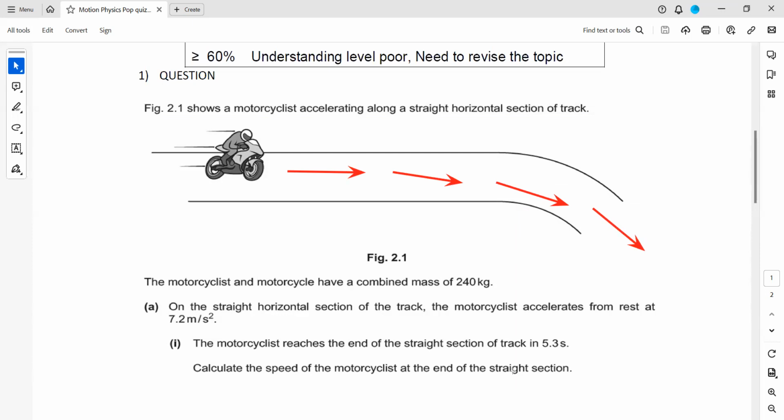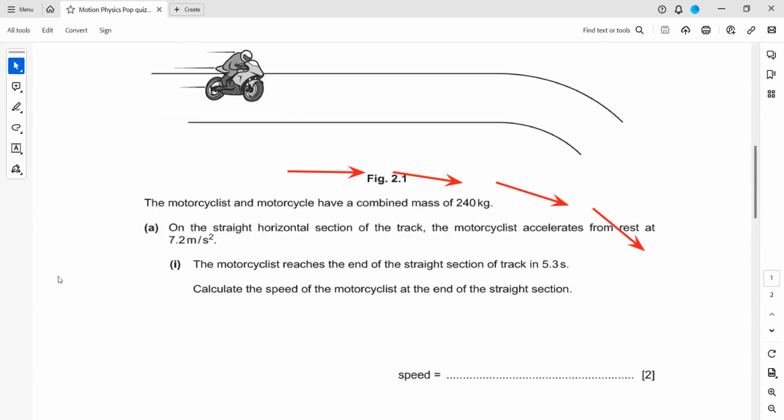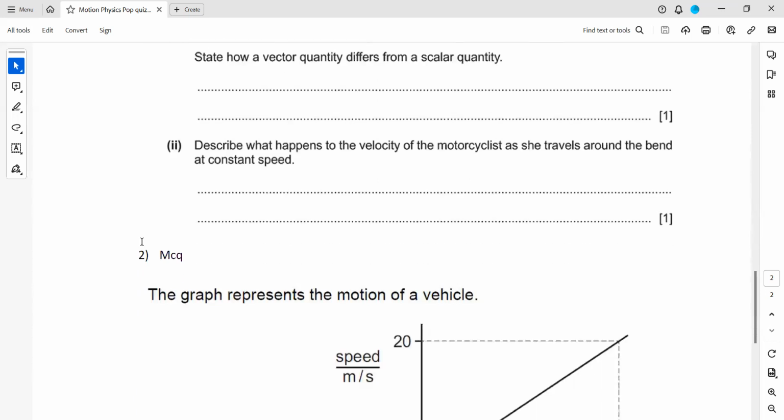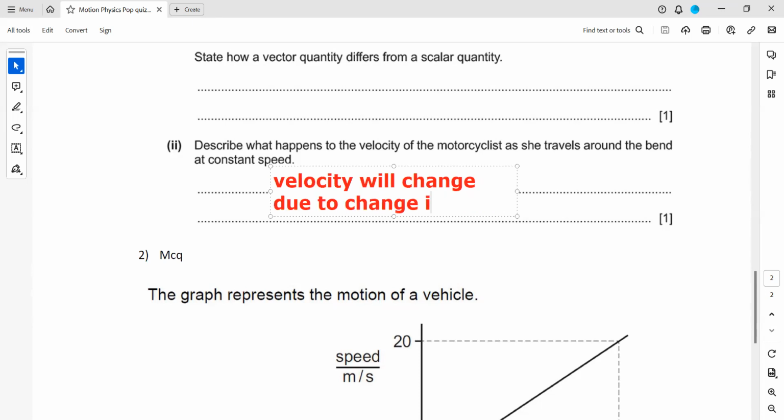The velocity will change, because velocity depends on the direction. If there is a change in direction, there will be a change in velocity. Speed is not changing. They mentioned the speed is not changing, but the direction will change. So the velocity will change due to change in direction.